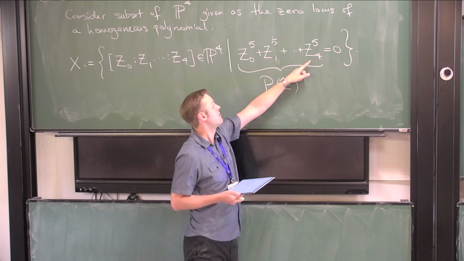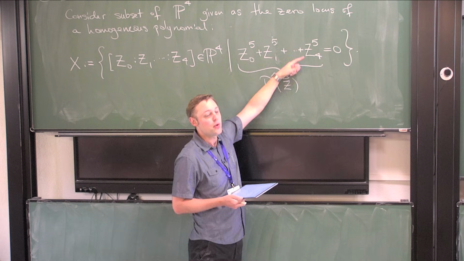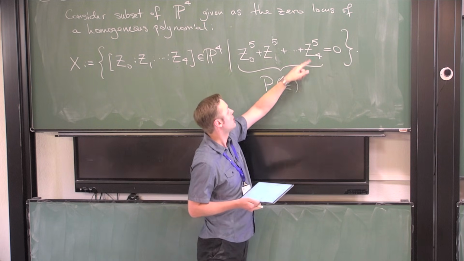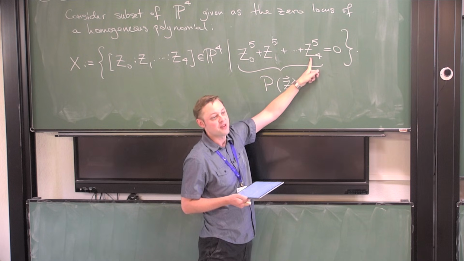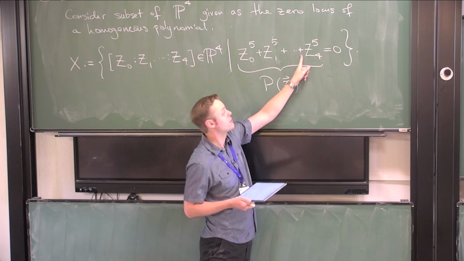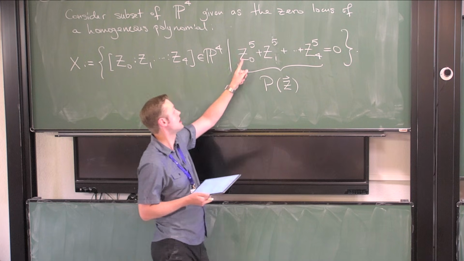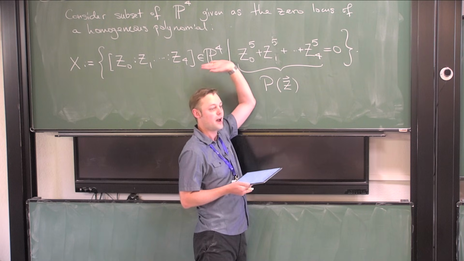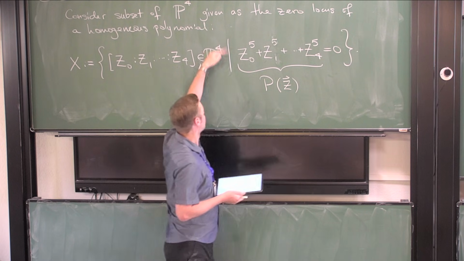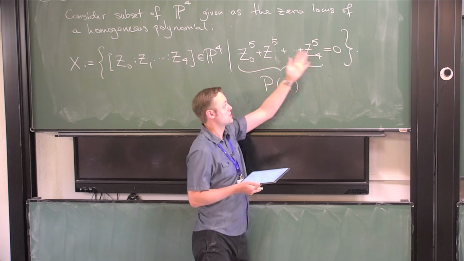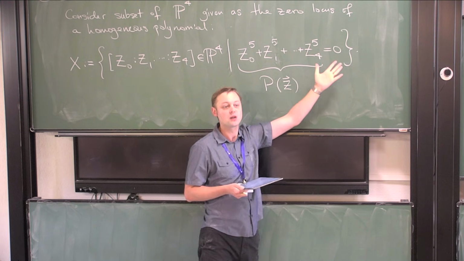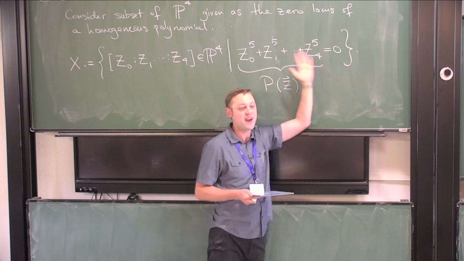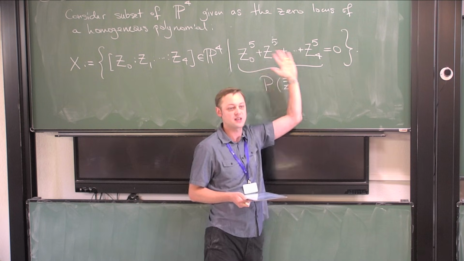And so if I were to study the ambiguity and rescale all the numbers by some non-zero complex number lambda, a lambda to the fifth would pop out in front of every monomial, and so you can factor it out altogether. All I'm asking here is that the whole thing equals 0, but lambda is by definition a non-zero number, so it has no effect on the set of points that satisfy this equation.